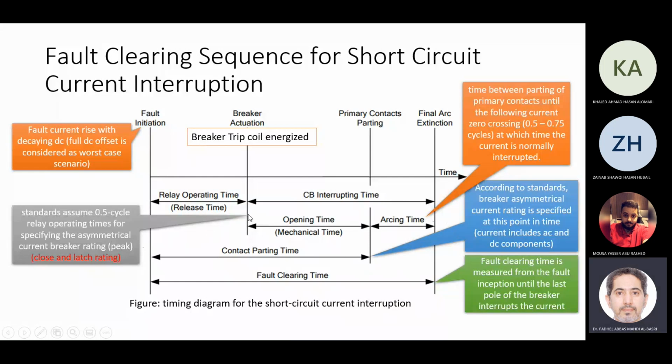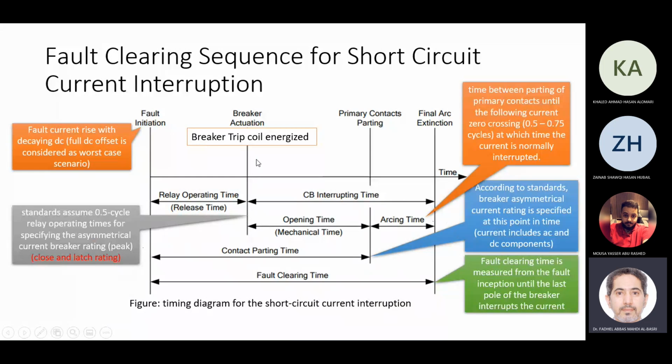And there is another rating. We should also rate circuit breakers when they close onto faults. Suppose I have a fault and once a relay opens and gives a command at this point, the current is too high, and we rate them. We call this the close and latch rating or peak rating, okay?